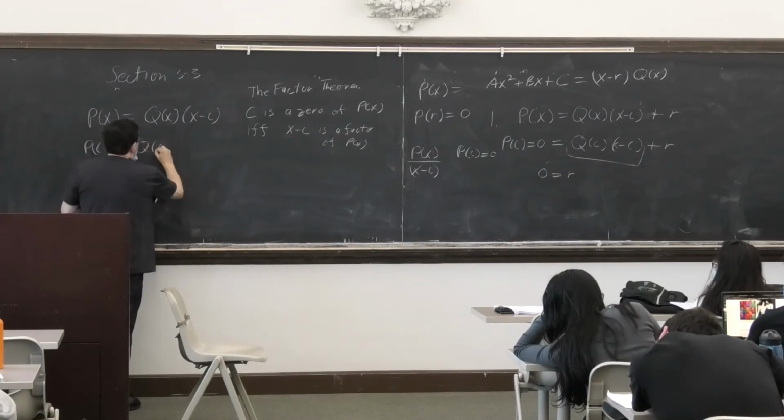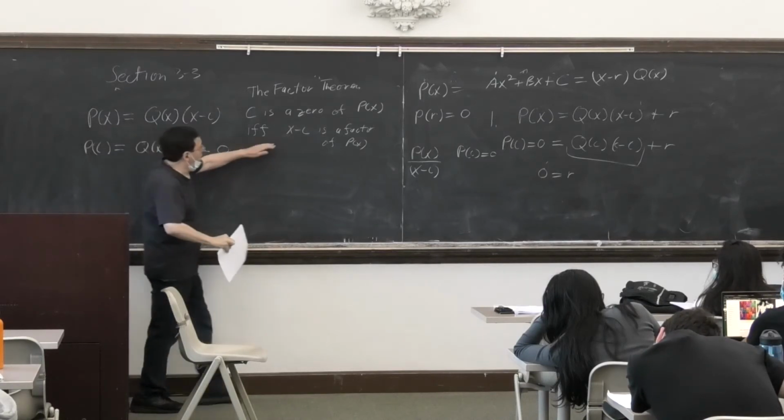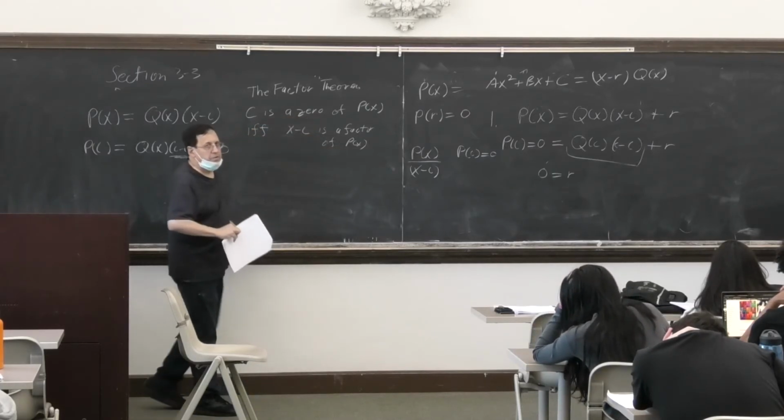It's Q of C times C minus C, which, since this is 0, is 0. So if X minus C is a factor, then C is a 0.